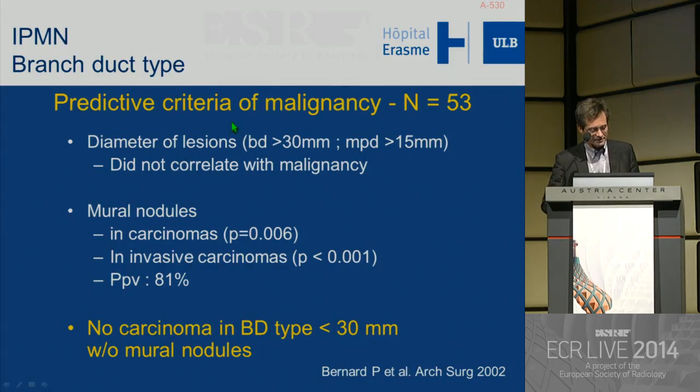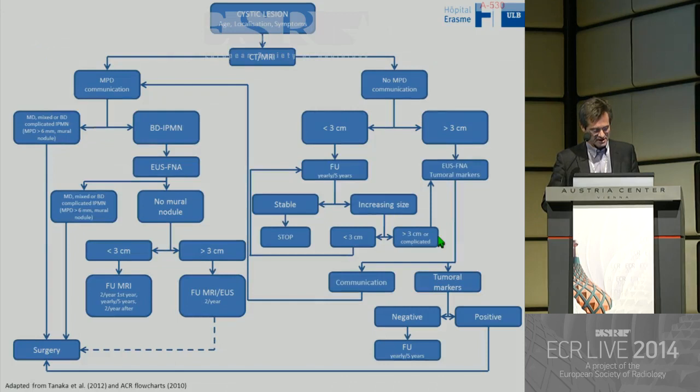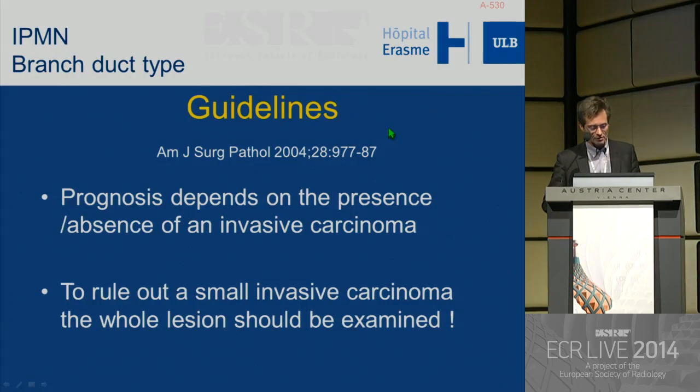The predictive criteria of malignancy, again, there is no carcinoma, at least if we rely on this particular paper, in branch duct types that are less than 3 centimeters without mural nodules. Still, this is very difficult because if you look at the guidelines, the prognosis depends on the presence or the absence of an invasive carcinoma in branch duct types.